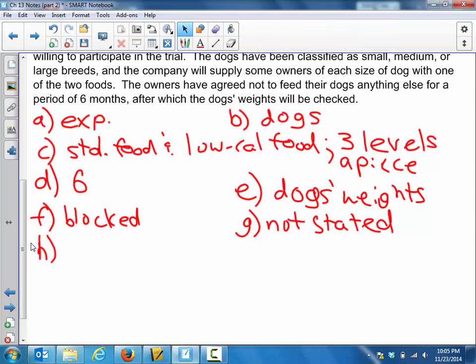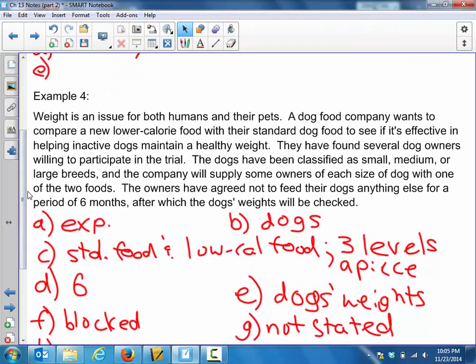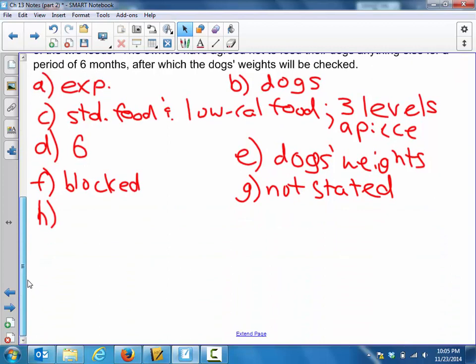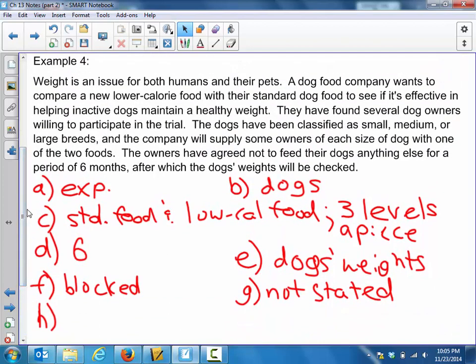So H here, they want to know about generalizability. The experiment can determine if standard or low-cal food will better maintain dogs' weights for the 3 size categories listed of small, medium, and large. So there too, the only thing that could hurt the generalizability, like we saw last slide, is what these dogs are like. No, I'm sorry, that doesn't, not really.